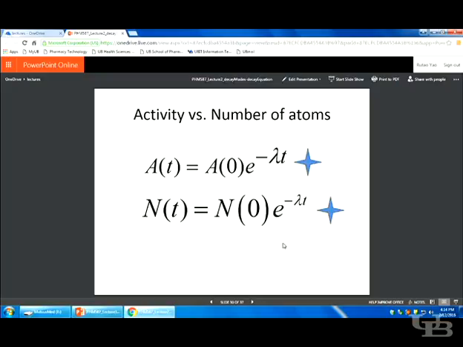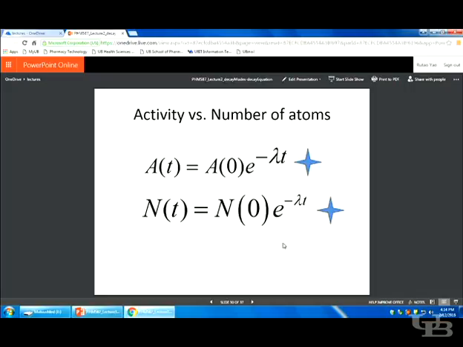So last time we talked about the different types of radiation decays: alpha decay, electron decay, positron, and gamma, all different emissions.